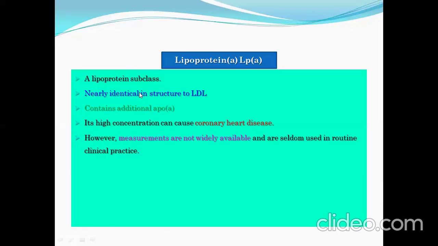That's why we have to test how much lipoprotein A is there in the blood.